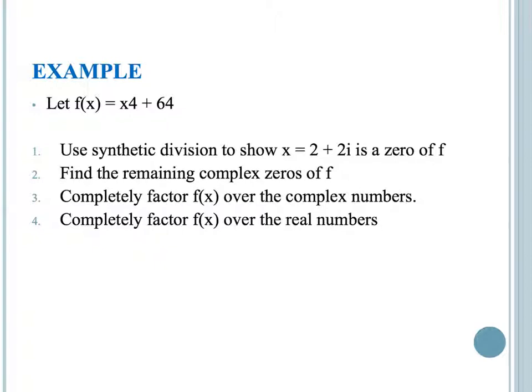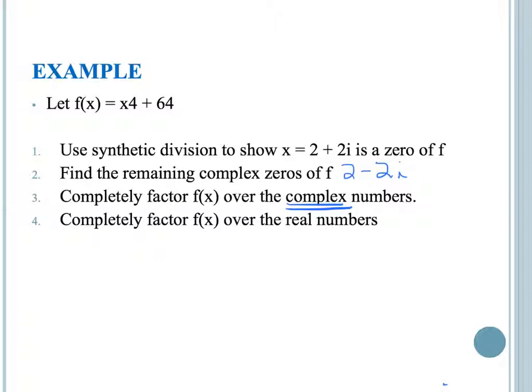Now, in this one, it's a real pain, but we're taking x to the 4th plus 64, and we're using synthetic division with x plus 2i. If we have x plus 2i as a zero, we would also have 2 minus 2i as a zero, and then those would be our factors over the complex numbers.